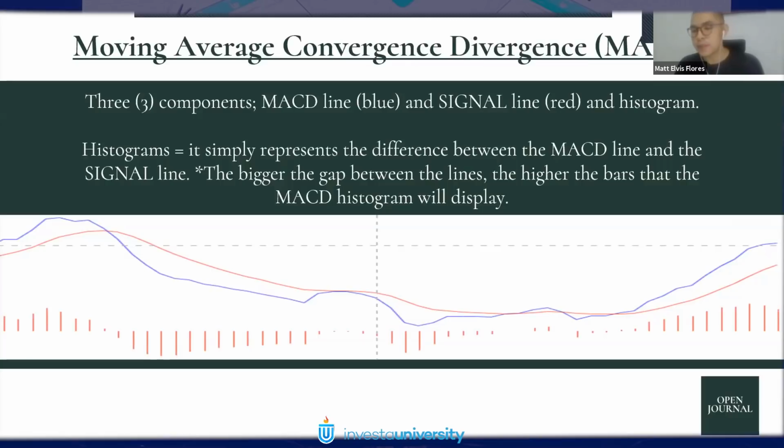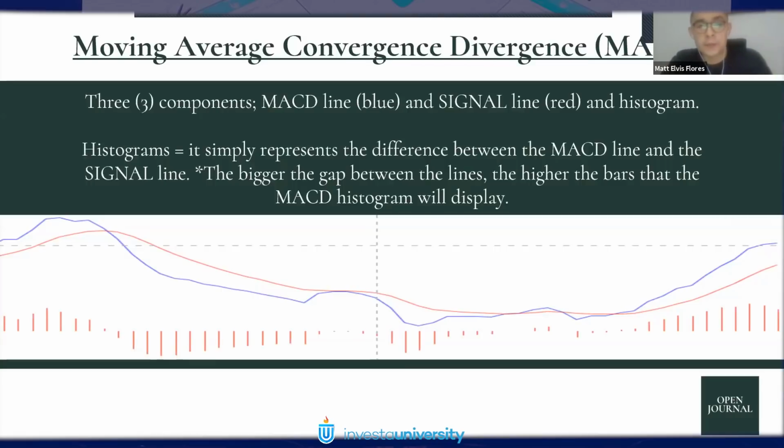Bakit? Kasi yung computation ng MACD is based on the moving averages, which is the 12 EMA and the 26 EMA. When it comes to histograms, the bigger the gap between the lines, the higher the bars that the MACD histogram will display. Okay? So meaning pinapakita niya lang basically yung strength and weakness ng isang price movement.